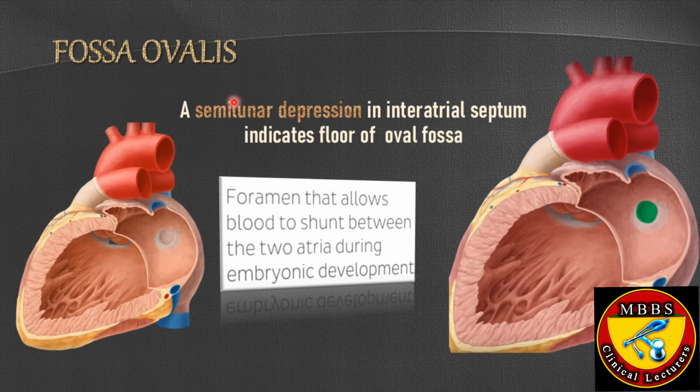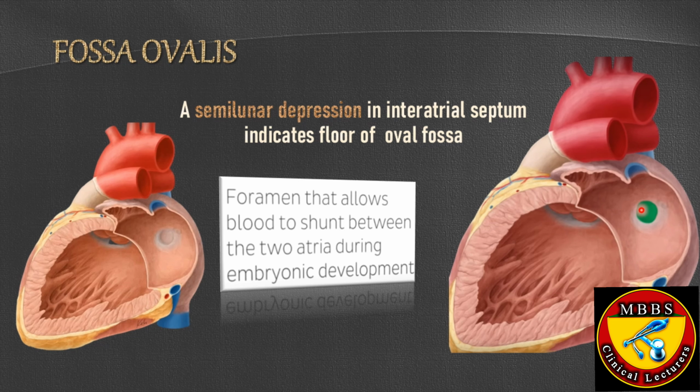Fossa ovalis, a semilunar depression in the interatrial septum in between two atria. This is the fossa ovalis, which indicates the floor of the oval fossa. The foramen allows the blood to shunt between two atria during embryonic development. During development it is open, that is why it is called a foramen, but immediately after birth it closes because the lungs are functioning now.